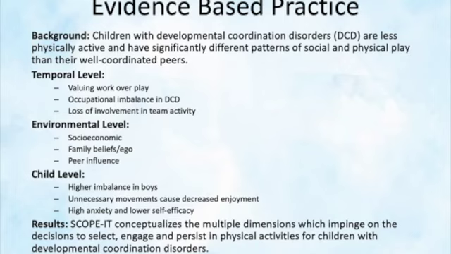At the environmental level, one of the big factors in children with DCD being less physically active is a socioeconomic factor. This could be because they're unable to purchase a lot of the necessary things needed to participate in the sports, or they're just in an environment that might not have access to as many of those sports, things like that.